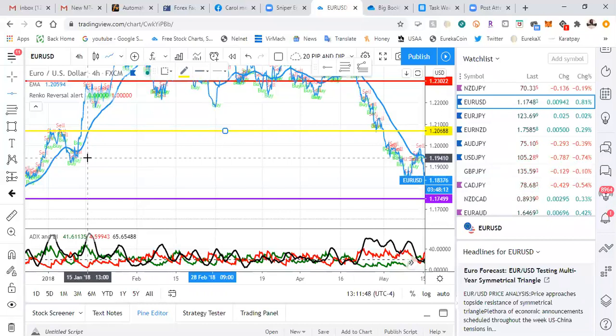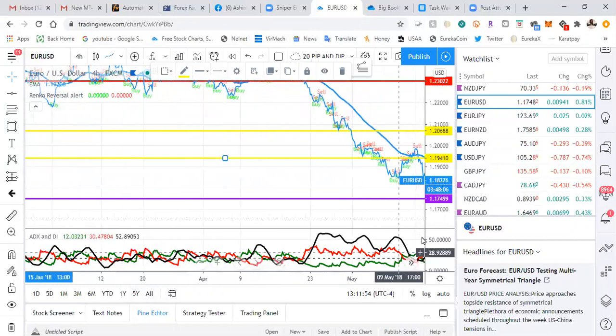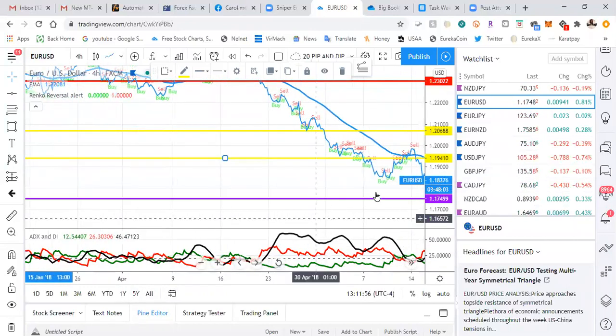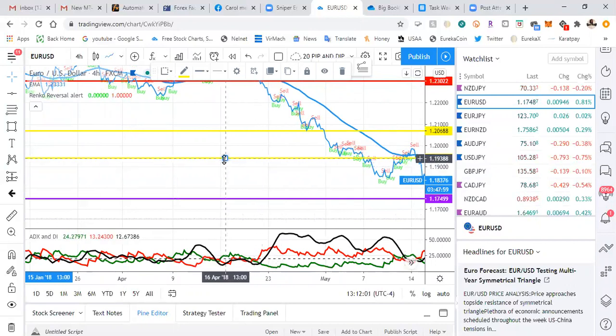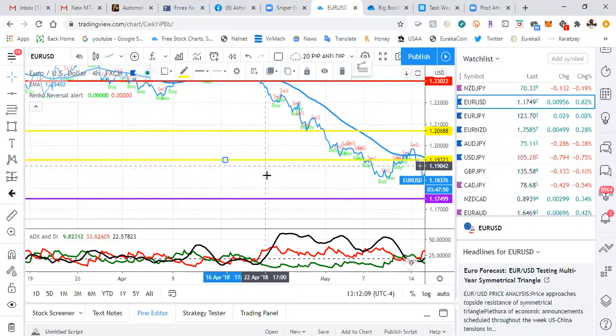I think I like this area right here. Reason being, let me open it up so you can see. I want to push her up a little bit so she could touch her too. Let me see. Right here, that is a good area for me.